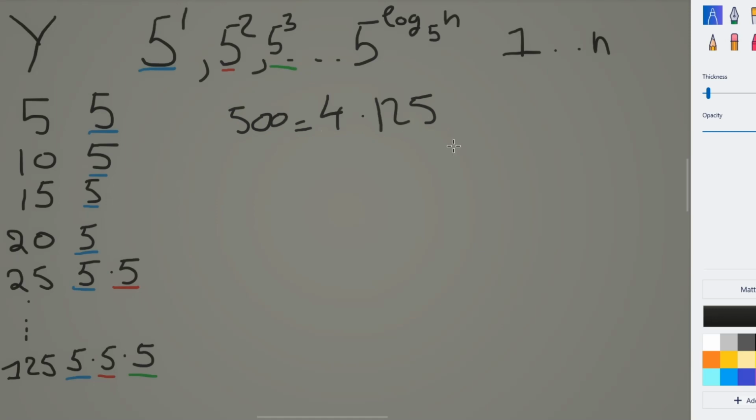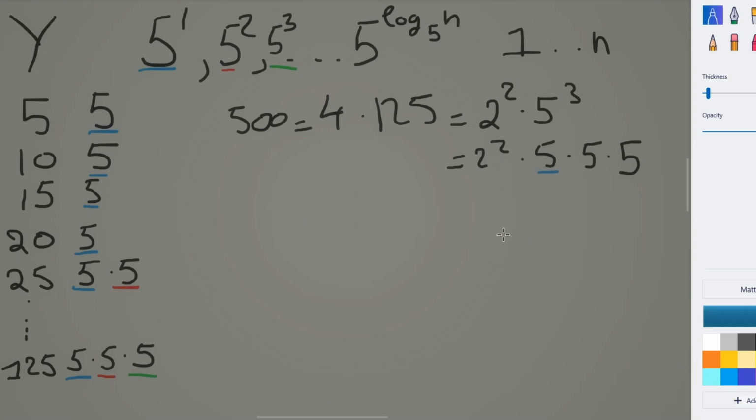So for 500, the prime factorization goes 2 squared times 5 to the power of 3, okay? So 2 squared times 5 times 5 times 5. So even for this number, we're gonna calculate for every single power its appearance.